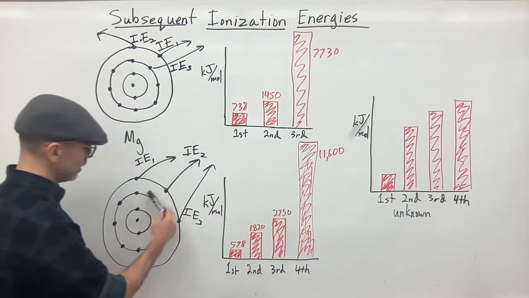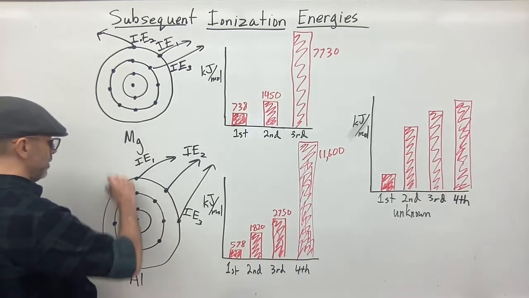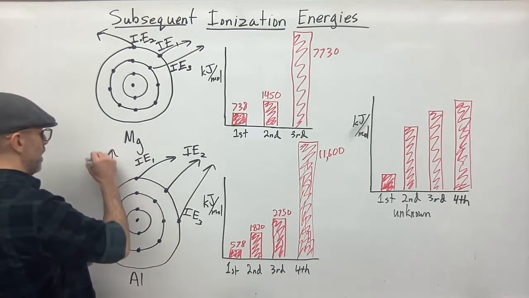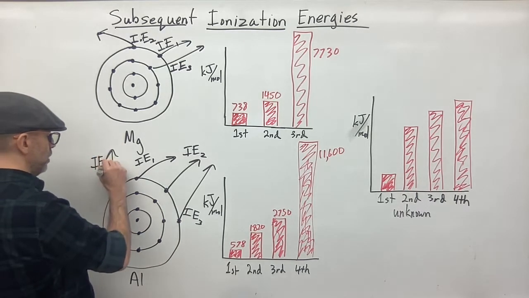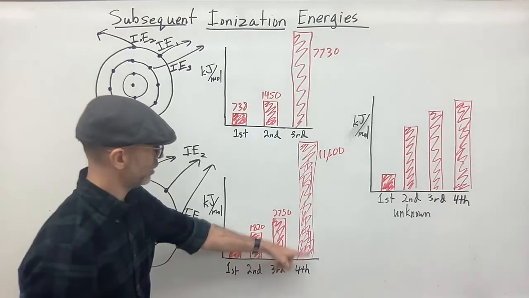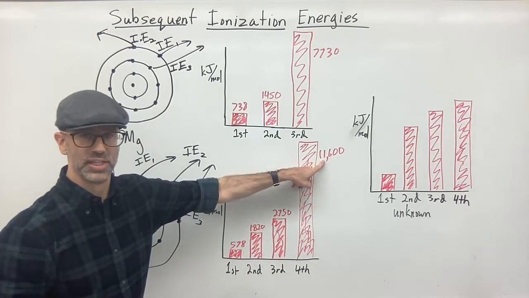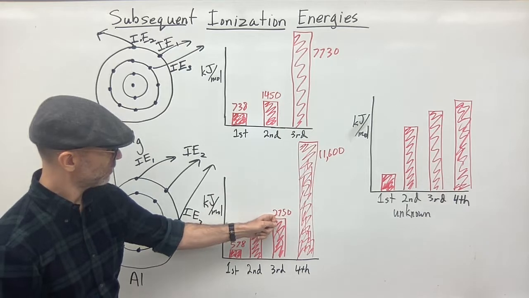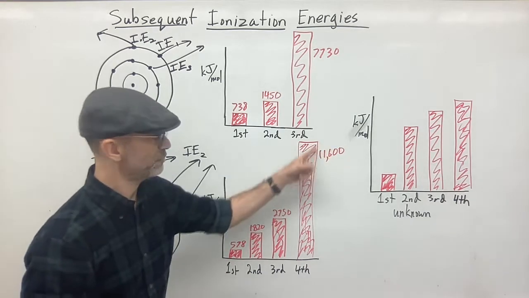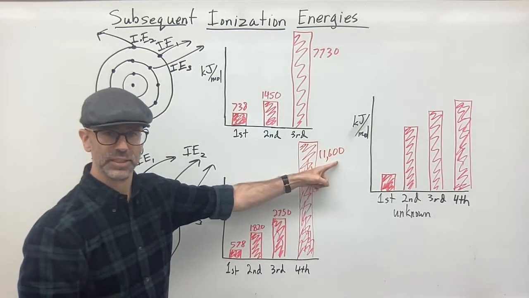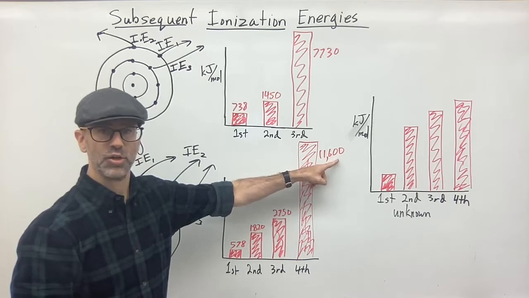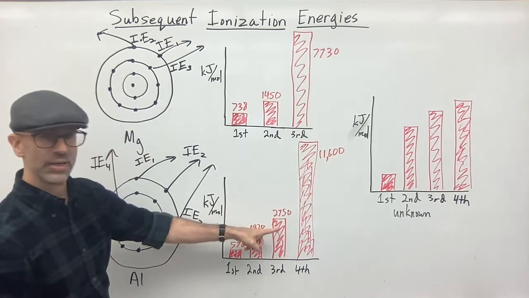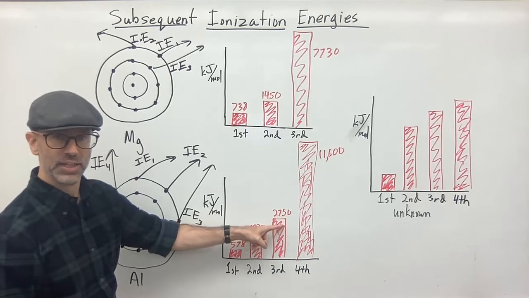And then the next electron, the fourth one in here, is going to require a lot more energy. So 11,600 kilojoules per mole. So compared to this one, there's almost 5 times the difference between removing your last valence electron versus your first core electron.